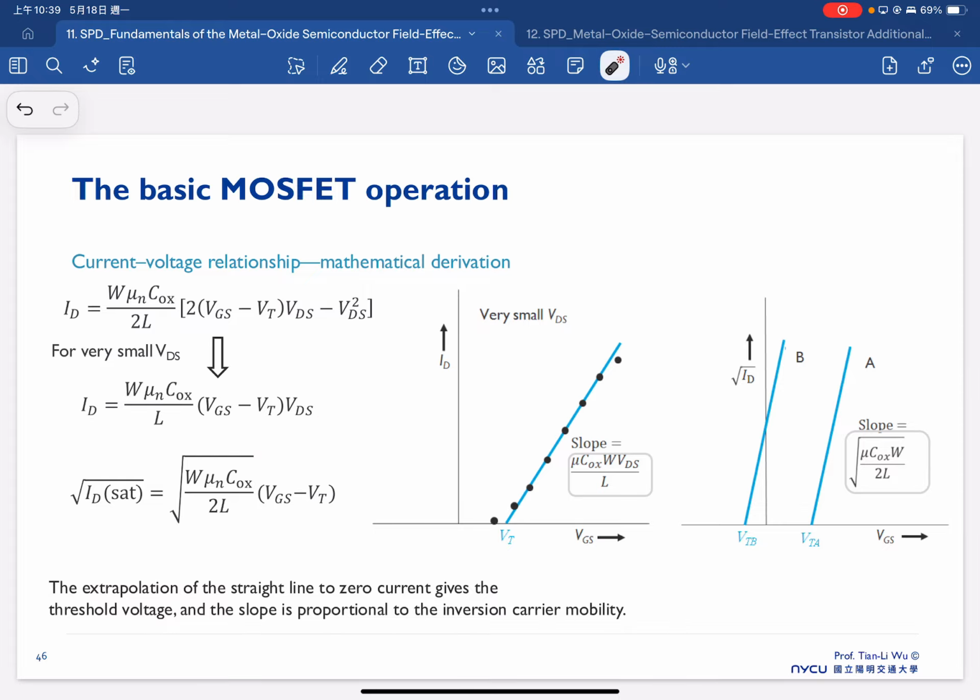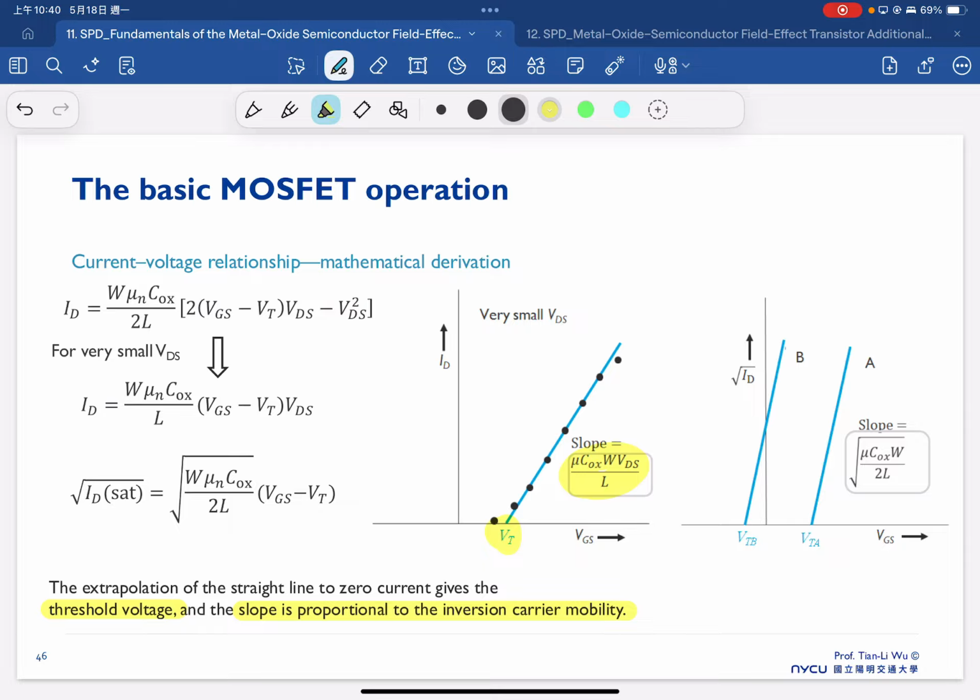And then if you try to plot as shown here, the first one is ID versus VGS with a very small VDS. We can have this slope, which will be equal to this term. So the extrapolation of a straight line to zero current gives us the threshold voltage, and the slope is proportional to the inversion carrier mobility.